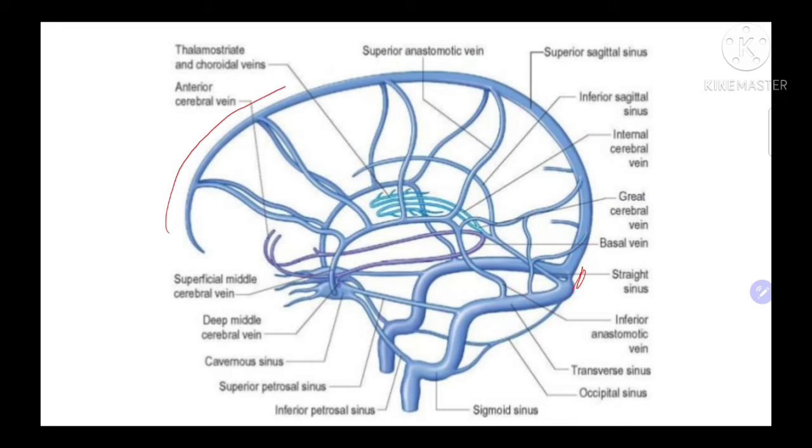We have here the superior sagittal sinus, inferior sagittal sinus, and sinus rectus. These 3 are unpaired, and they are all over around the falx cerebri. And the other 4 are paired, and they are the marginal sinus and the lateral sinus.